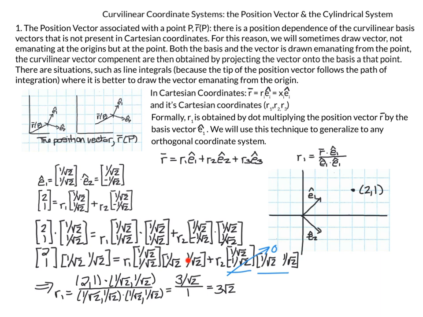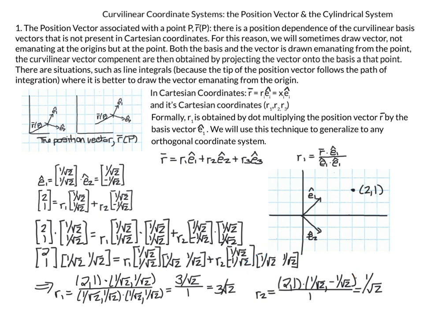So you know that's going to be 1, but you can dot them together and you can see it's equal to 1. So my final answer is 3/√2. That's my first coordinate. And when I dot this equation here with E2, I'll get my second coordinate, r2, and that will be 1/√2.